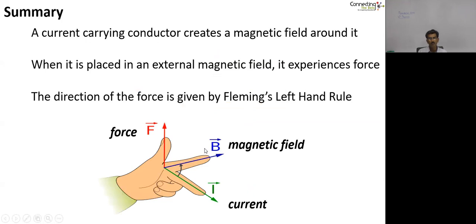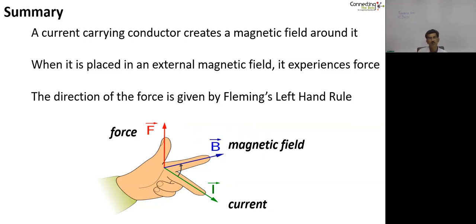So in summary, what did we discuss today? We studied the fact that a current carrying conductor creates a magnetic field around it, and therefore when it is placed in an external magnetic field, it experiences a force. It's like bringing 2 magnets near each other. That force has magnitude and direction.